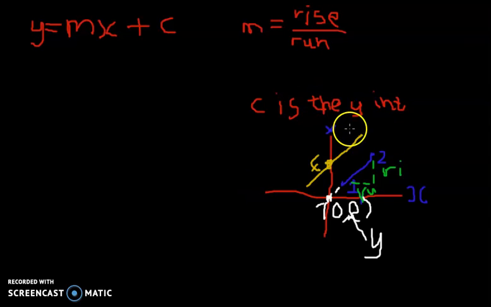And then we'd have to calculate the gradient by finding 2 corresponding points and then working out the rise over the run for those 2 points. And this can be done with any 2 points on any line segment or line. It does not matter, as long as you have at least 2 points, because 2 points define a line, as we all know. We should have learned that in our earlier studies.